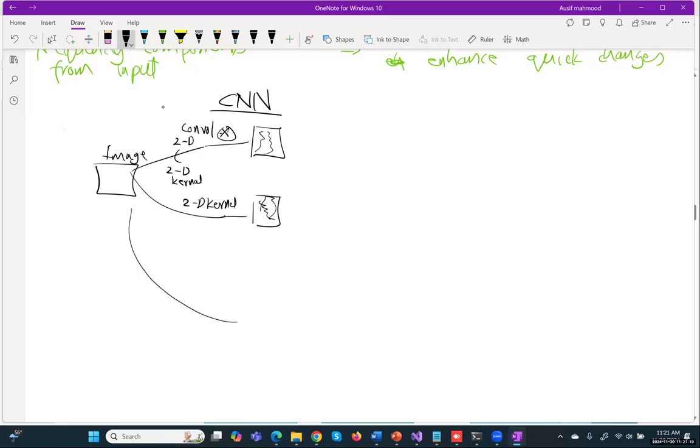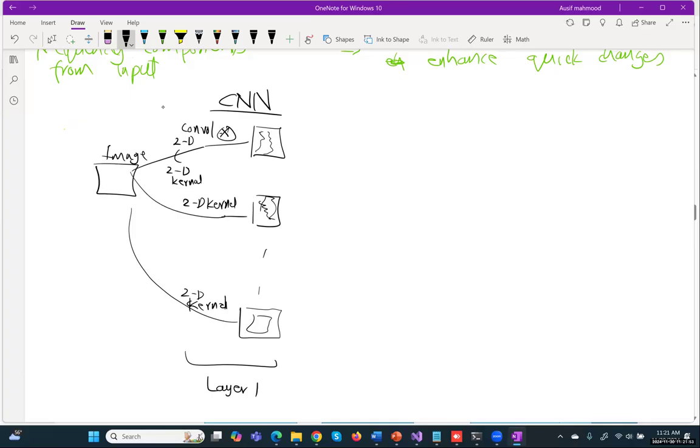In the same way, we will apply many different convolutions in parallel to the same image. Each one of these convolutions is different, so you can see each one is enhancing the image in a different way. So this is our layer one. We have enhanced the image in many different ways.